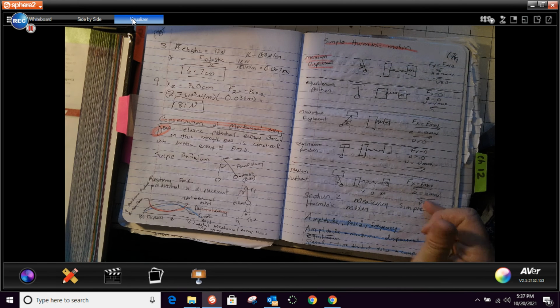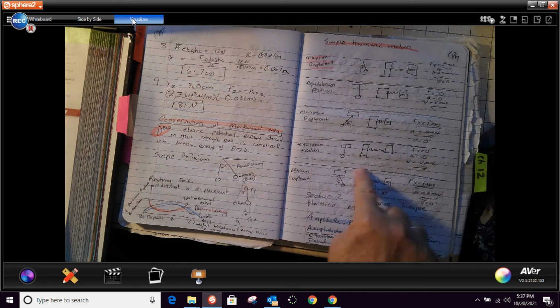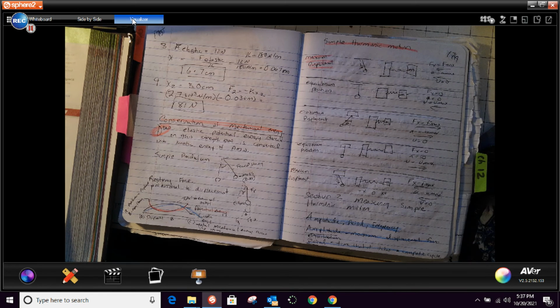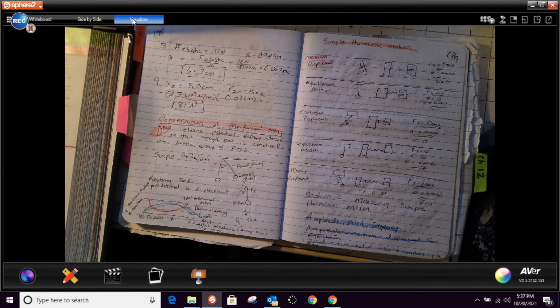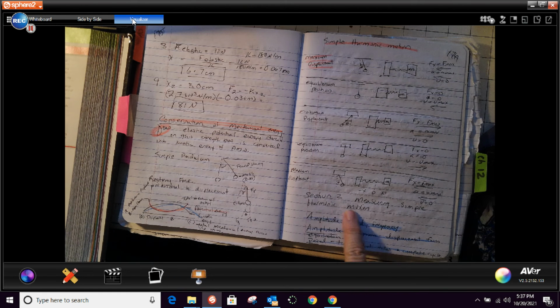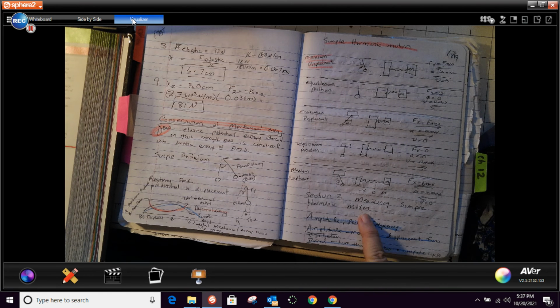The picture that I actually put in my book was on page 373, and it was just basically showing you the difference between a pendulum and a fixed object on a spring. When we got finished with that, we went into section 2, which is your measurement of simple harmonic motion.